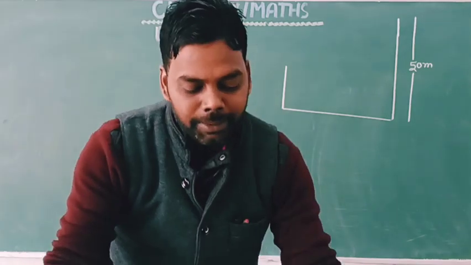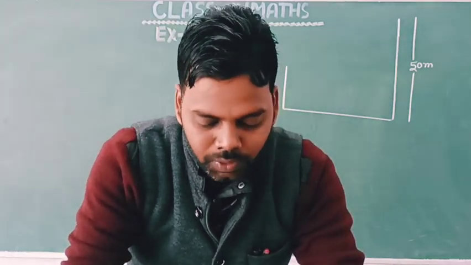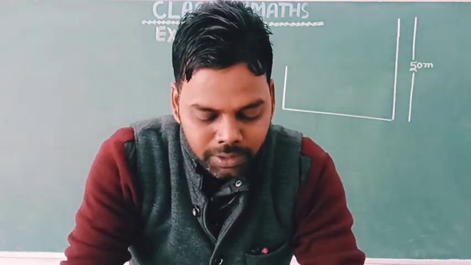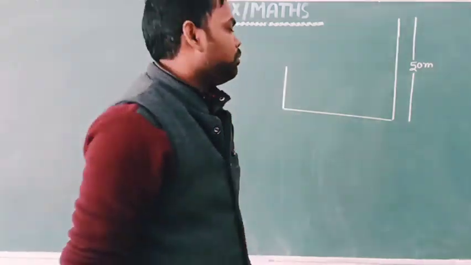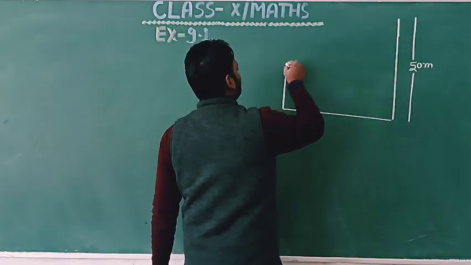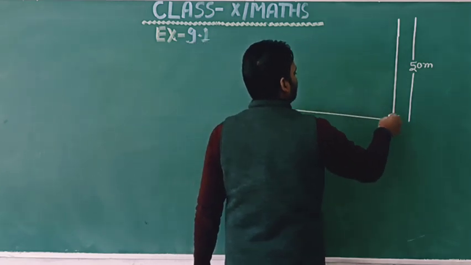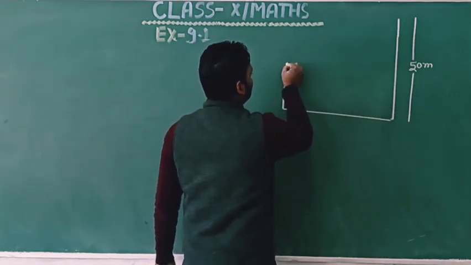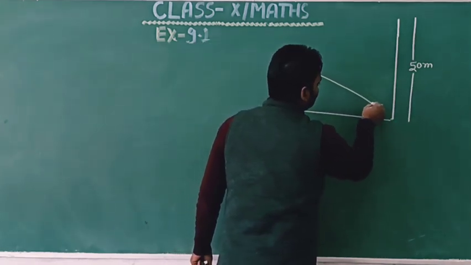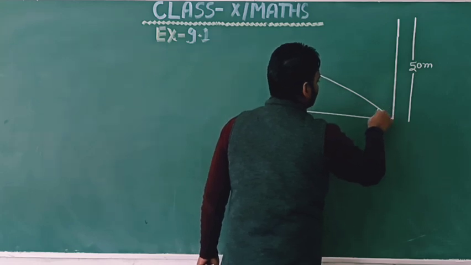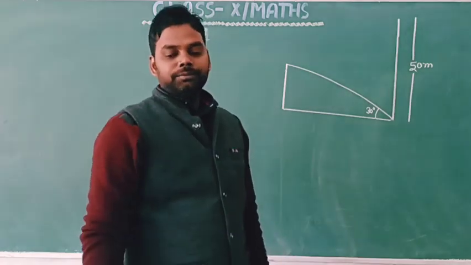And also given the angle of elevation of the top of a building from the foot of the tower. This is the top of the building and the foot of the tower. So the angle of elevation is given, which is 30 degree.